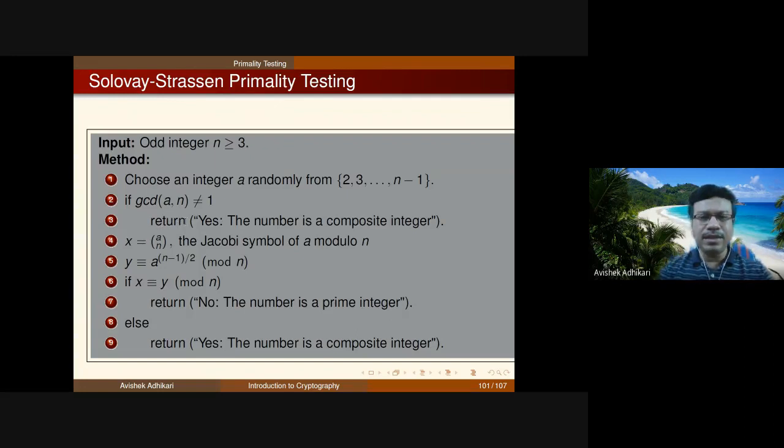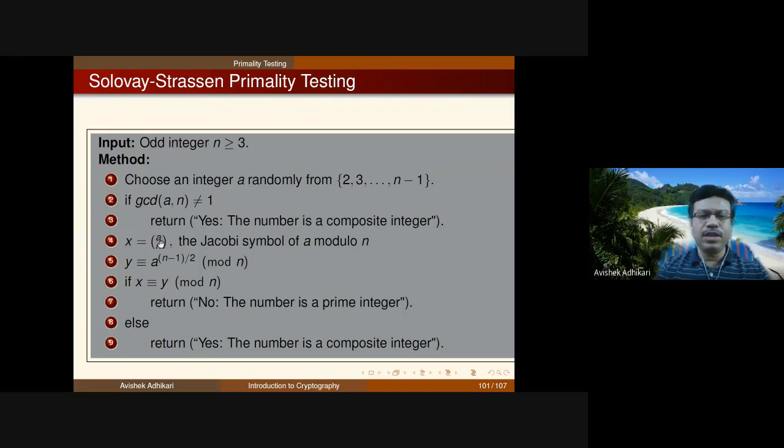Return in that sense: in computer science, when we put return, it means after giving this result, the program will be terminated. That means it will not come further. So if it comes further, that means that step did not happen. As a result, when it comes here, it means the GCD of a and n must be 1.